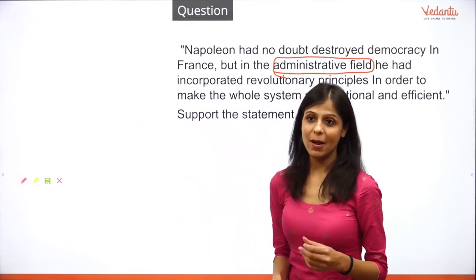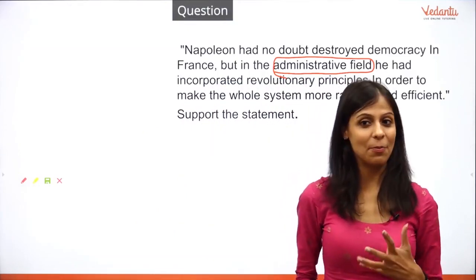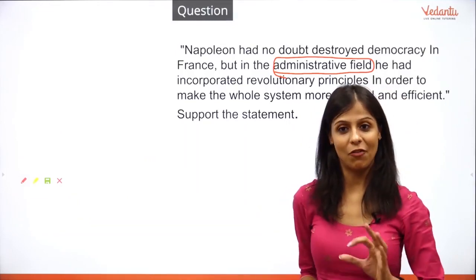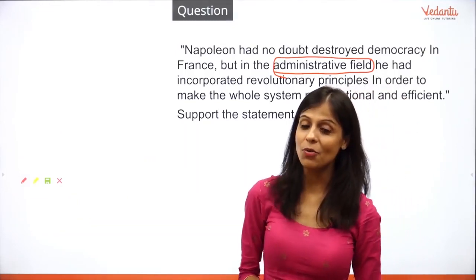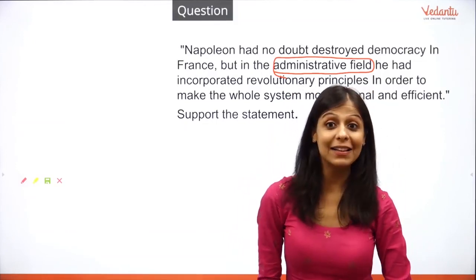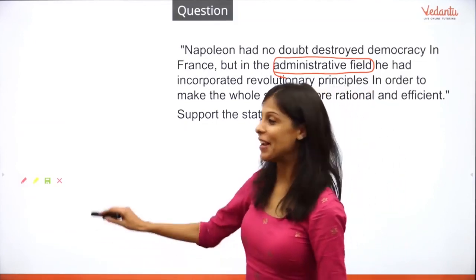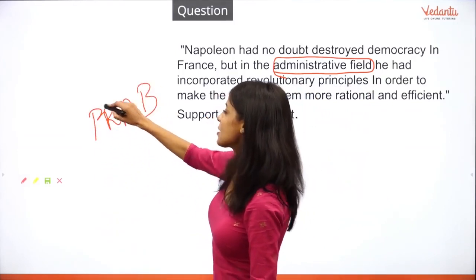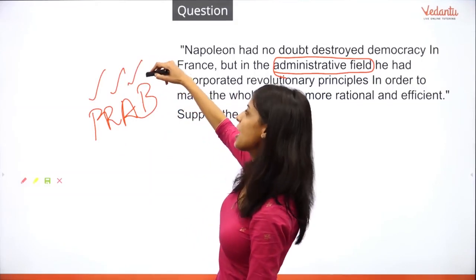Now, whenever it comes to Napoleon, he was the person who was crowned Emperor of France, and once he was crowned, he was defeated in the Battle of Waterloo by the countries which you can remember by PRAB: Prussia, Russia, Austria, Britain.